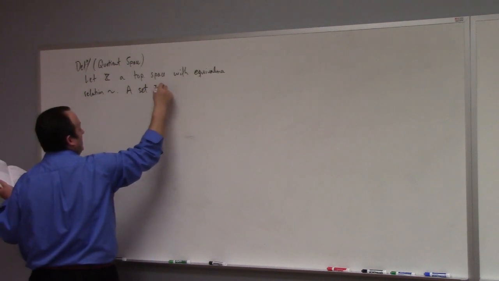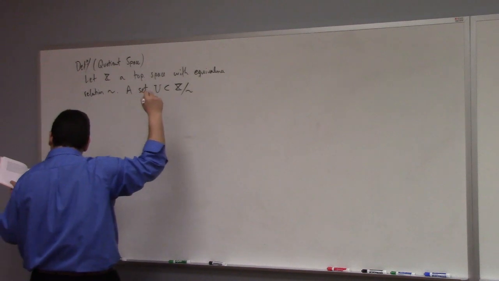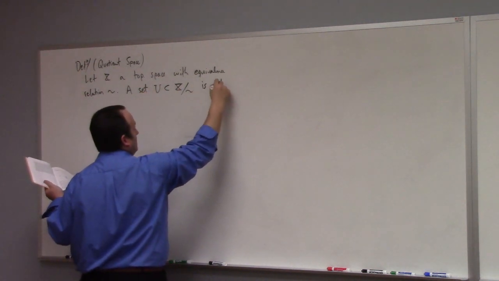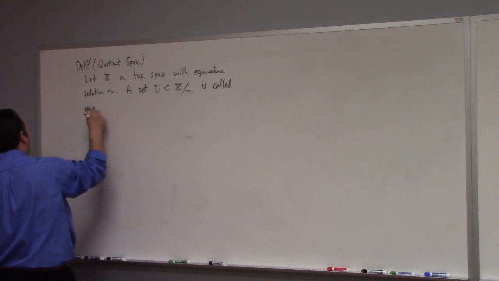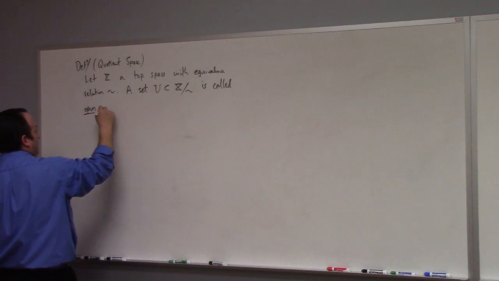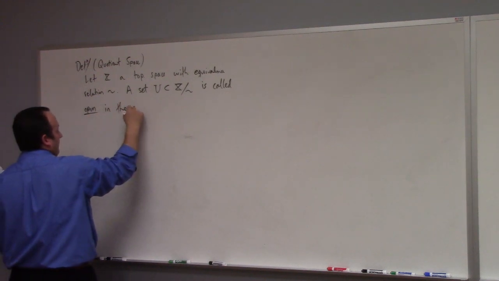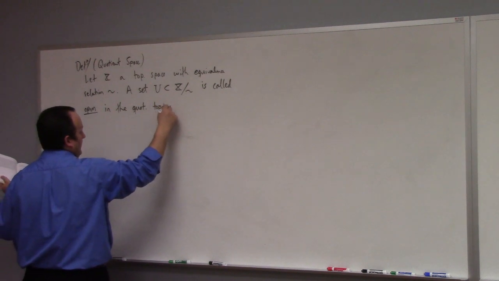a set U, a subset of the quotient space, X by tilde, is called open in the quotient topology if what?